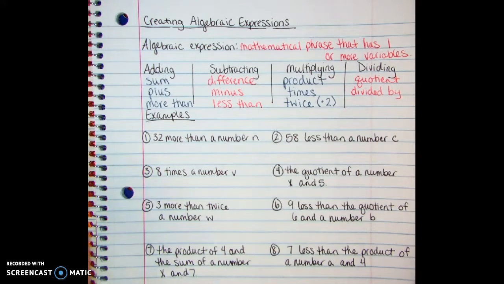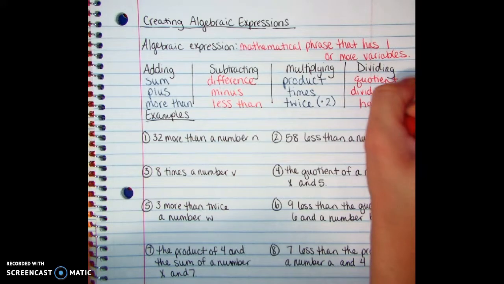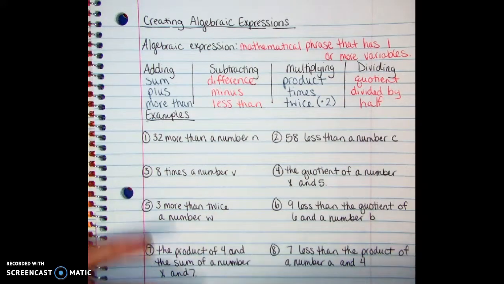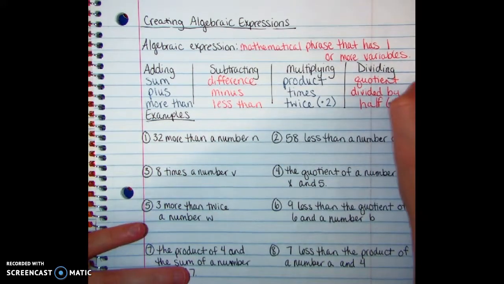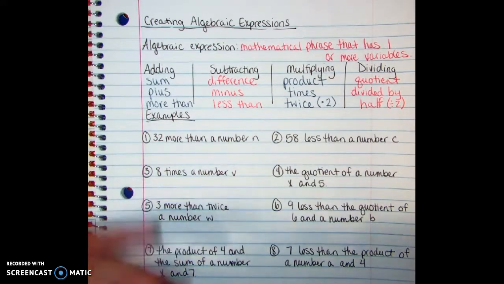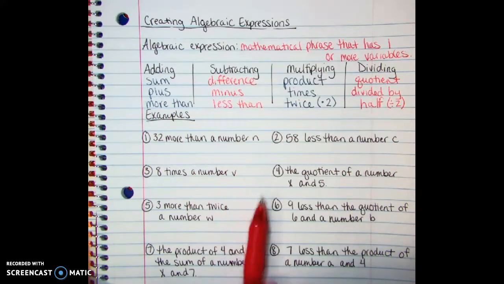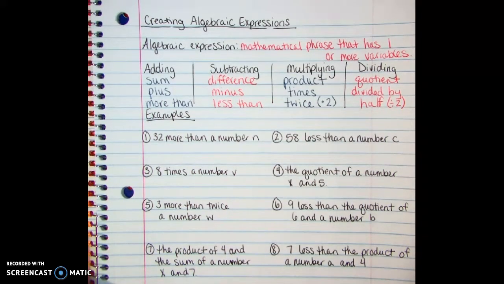I don't know if you'll see this today, but you might sometime see half. And half is just dividing by 2. Or if it says a third, you're dividing by 3. We are going to use these words to figure out what the problems down here are trying to tell us to do.